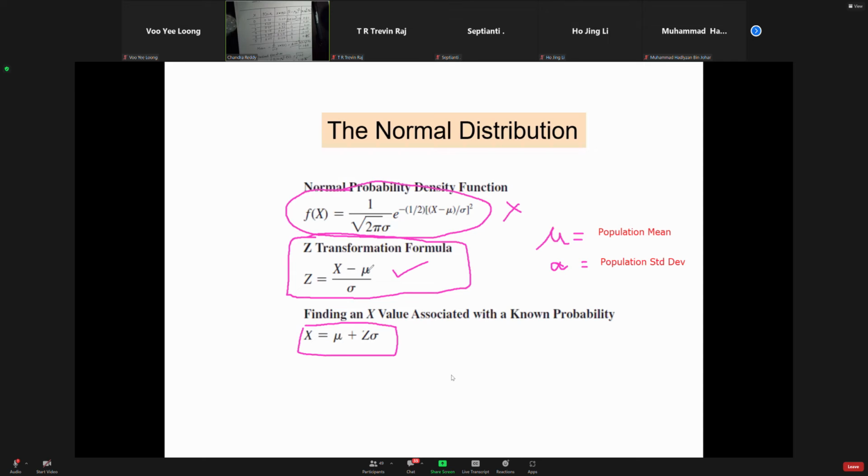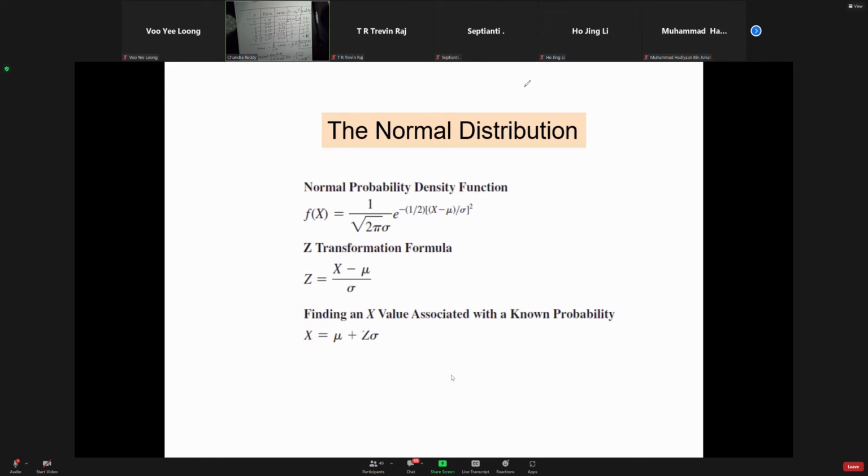If you know mu and sigma, then we can calculate Z. If you know Z, then we can find out X. One equation, one variable, we can find out. All right, is this clear? Then we move on.